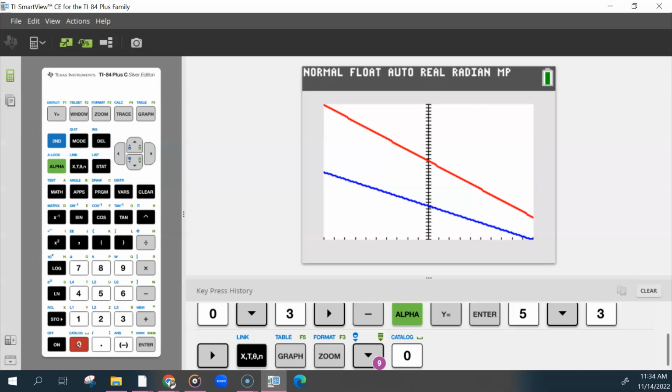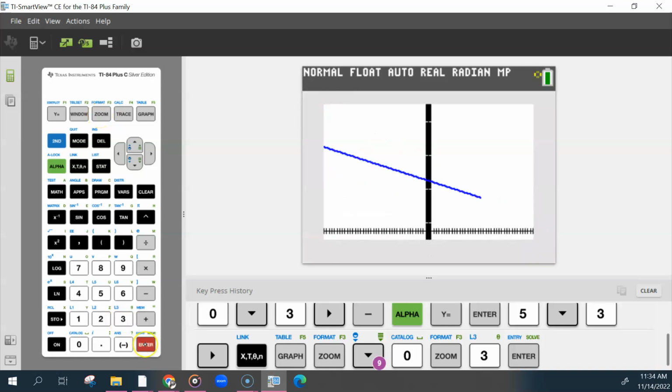Mine aren't crossing. So I have to rearrange this until they cross because the calculator won't work unless it sees them cross. So I'm going to go back to zoom and zoom out and just hit enter. Anyone not see them cross? Graph, and then zoom.